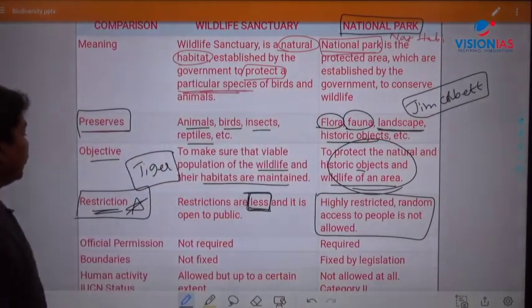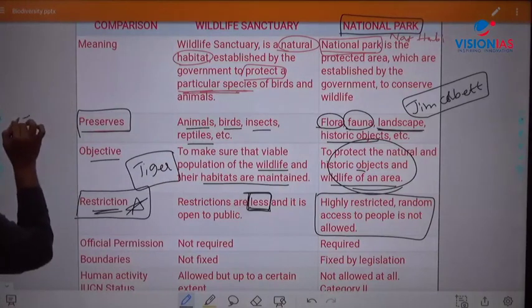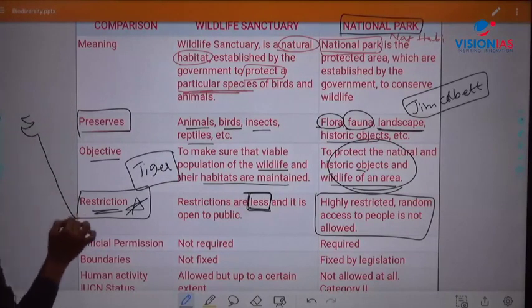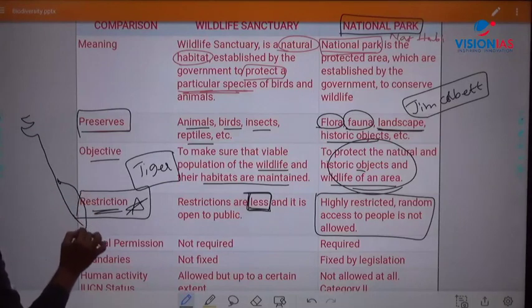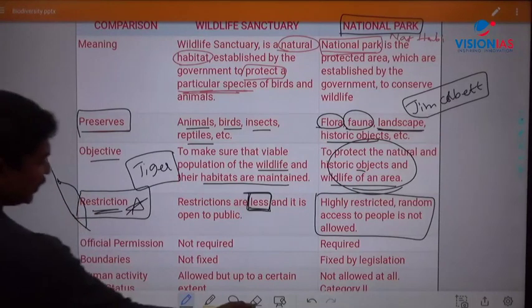What happened recently? Suppose this is India, and this is the state of Kerala.